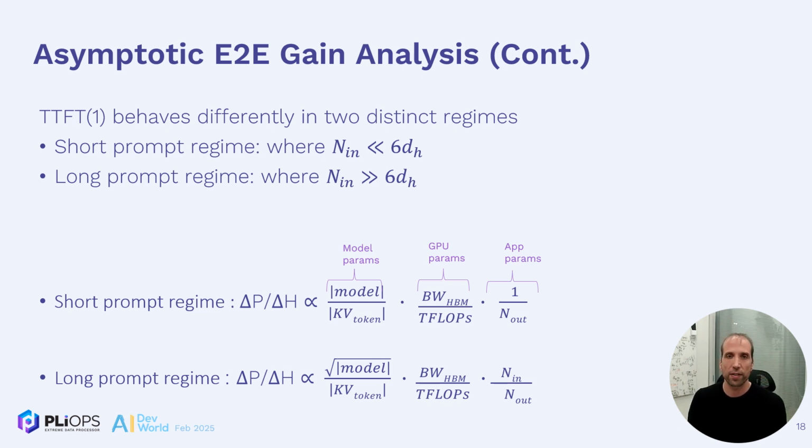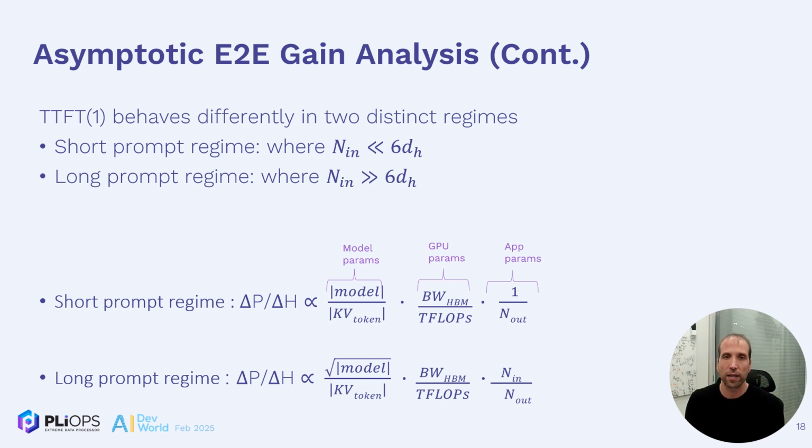Now, in both cases, after we plug in all the parameters, we get these expressions that capture the behavior of the ratio delta P over delta H. And in both cases, we see that this ratio scales according to three factors.